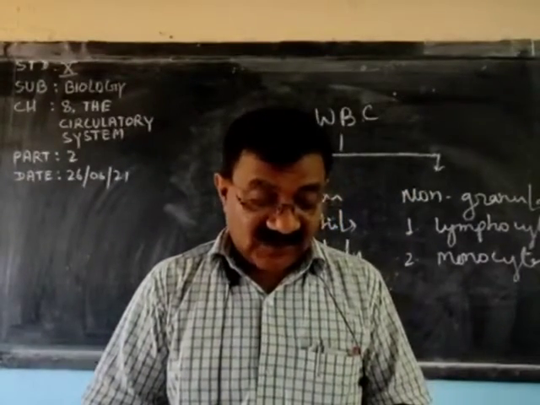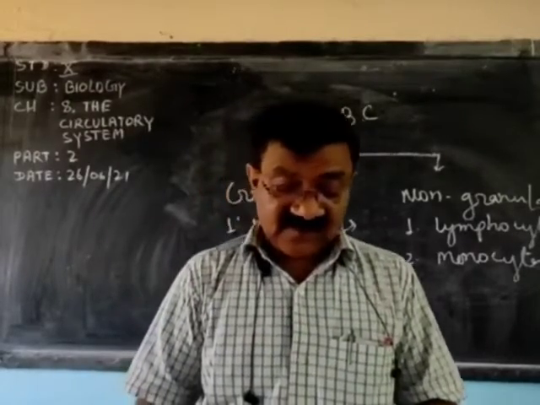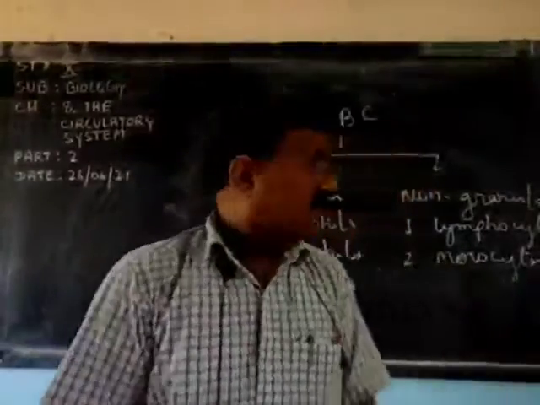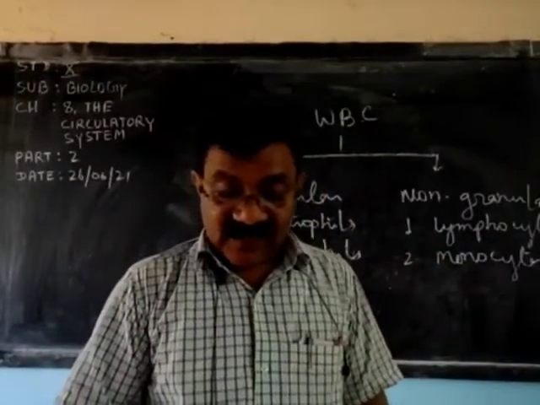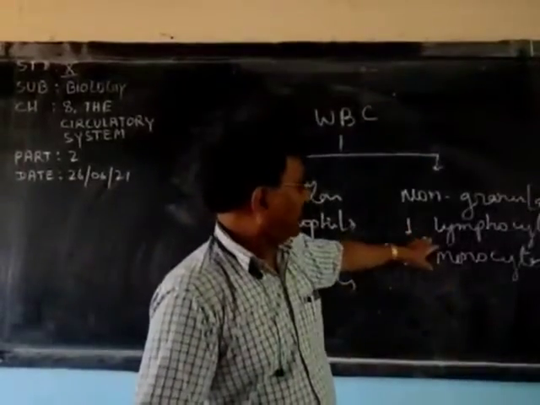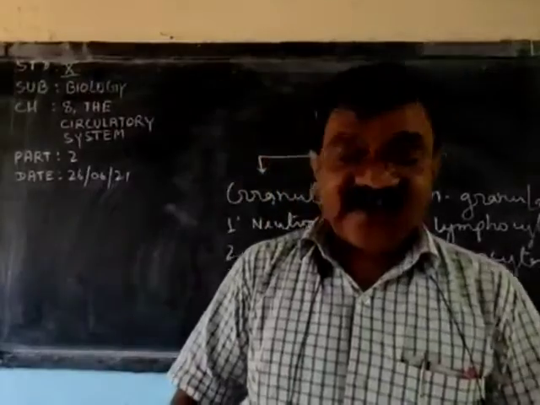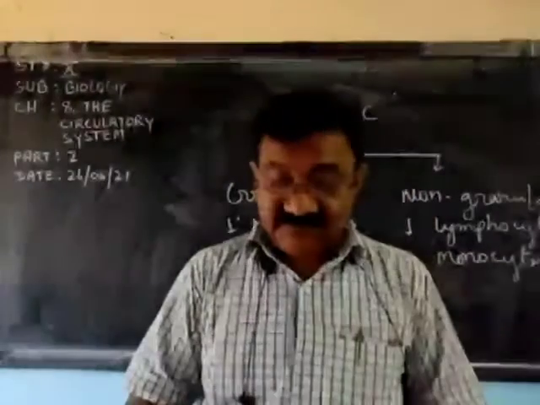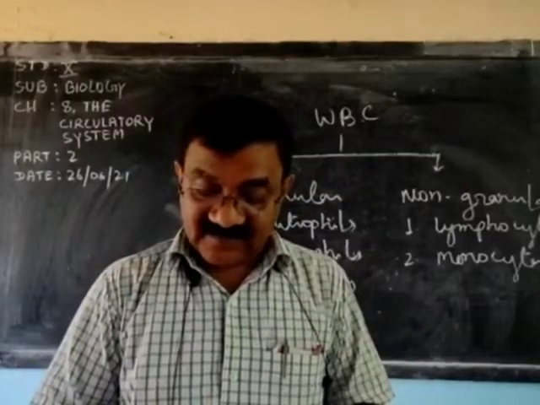Next, coming to non-granular. Okay, they have a single large nucleus. In non-granular, first one is lymphocyte, the smallest of WBC. This one is the smallest of WBC, and it has got a single large nucleus. It produces antibodies.